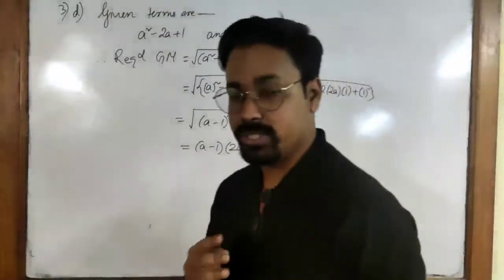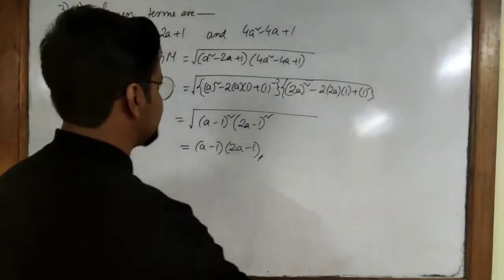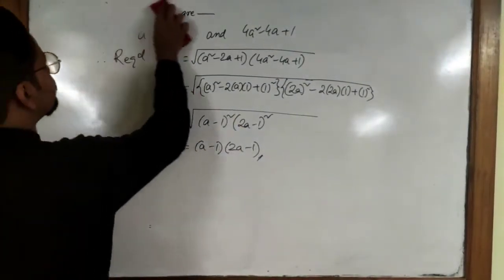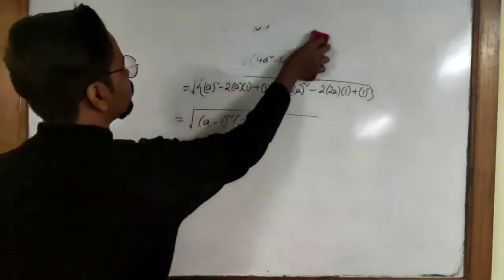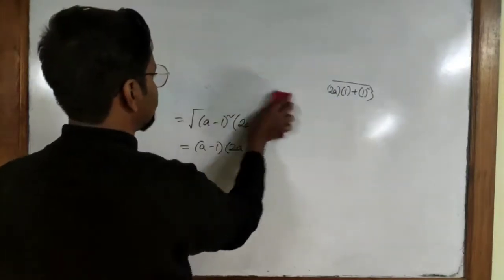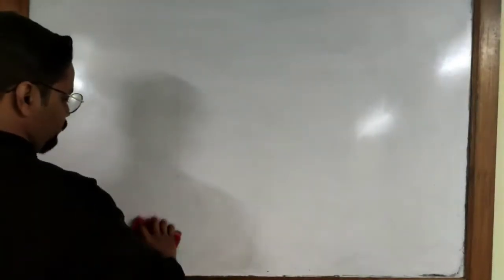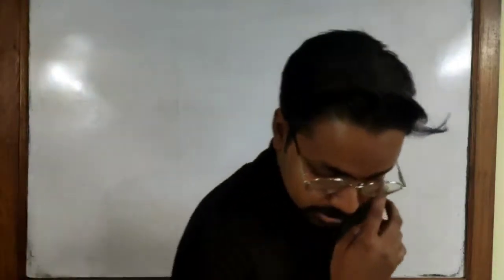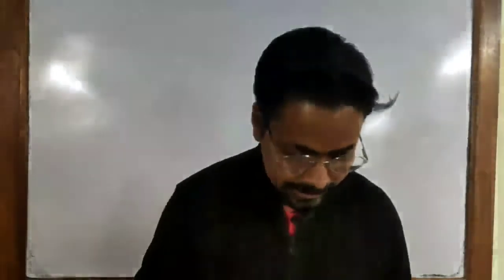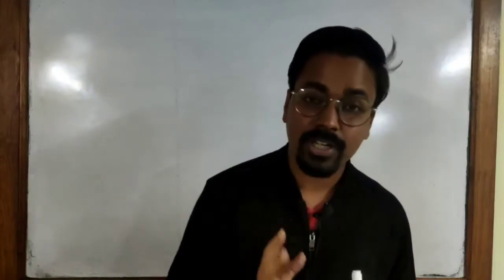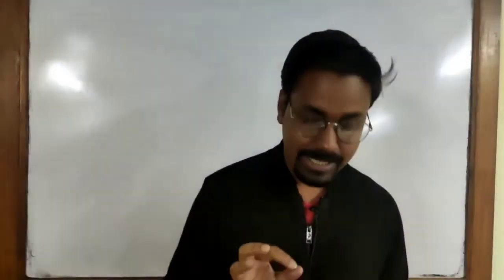Let us move on to question number 4 and see what they are asking from that. So, in question number 4, number 1, the sum of 3 consecutive terms in a GP is 39.